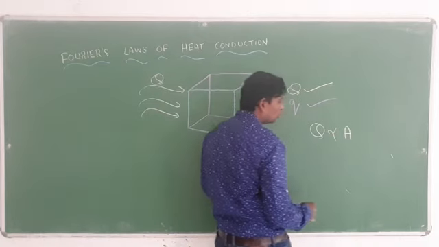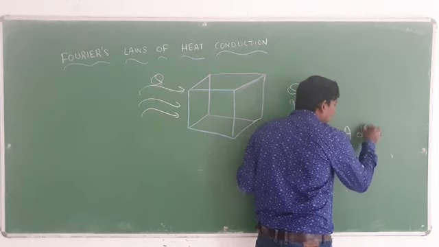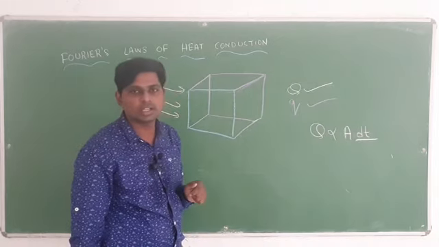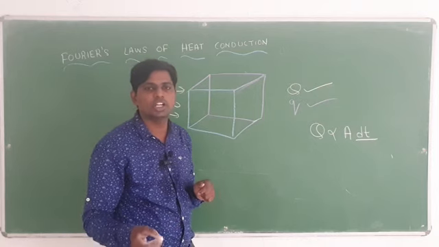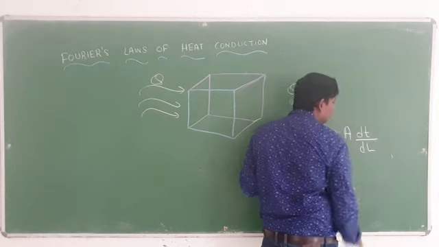Q is directly proportional to its area, and to the difference in temperature, the temperature gradient, and inversely proportional to its length.